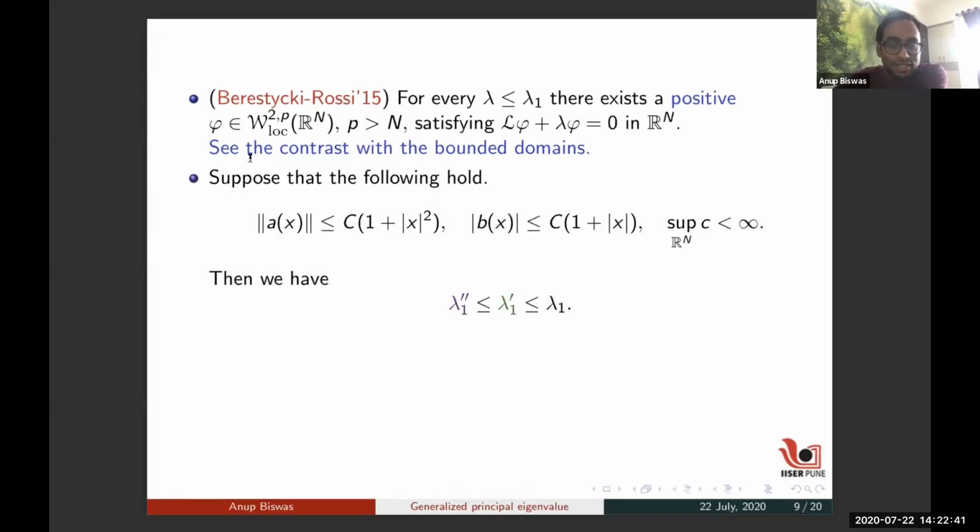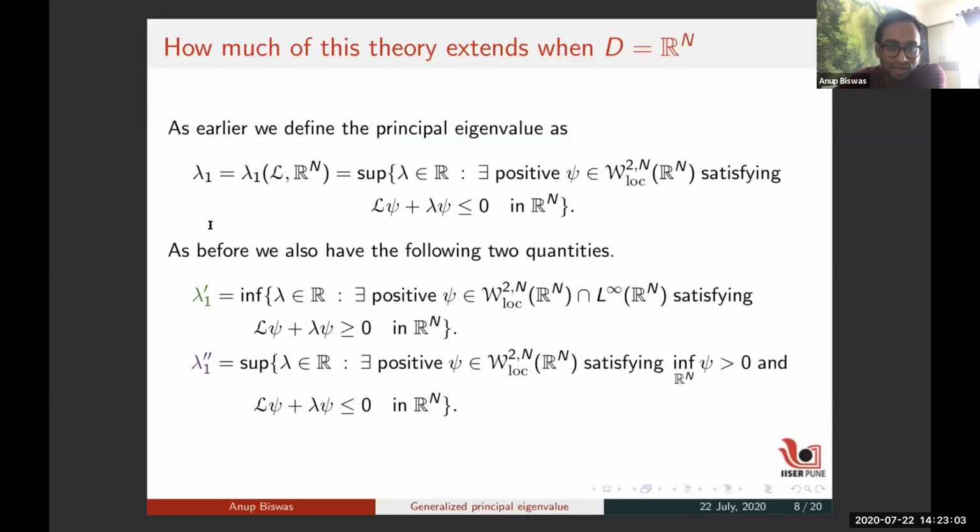Now, the second difference is if I assume some growth conditions on this matrix A. If A grows at most quadratically, B grows at most linearly and C is bounded, then I get an ordering between the eigenvalues: lambda 1 is bigger than lambda 1 prime, and lambda 1 prime is bigger than lambda 1 double prime. So these three eigenvalues that I've defined have an ordering.